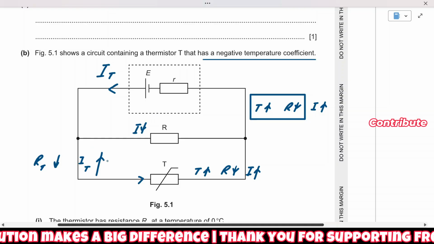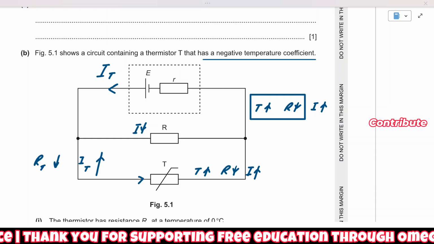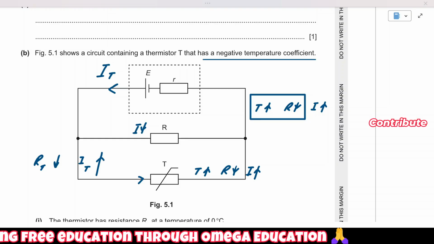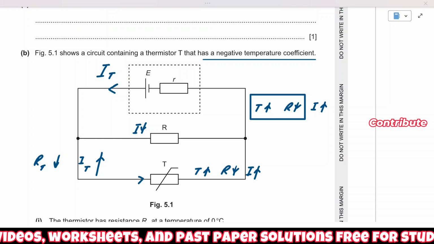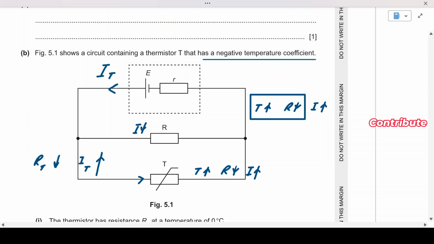And if there is more total current in the circuit, there is more drop across the internal resistance. So more voltage will be dropped across this one, and these ones will now be getting a lesser share of the voltage. So these components will now get less voltage.